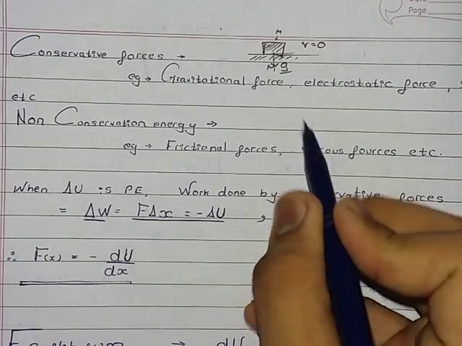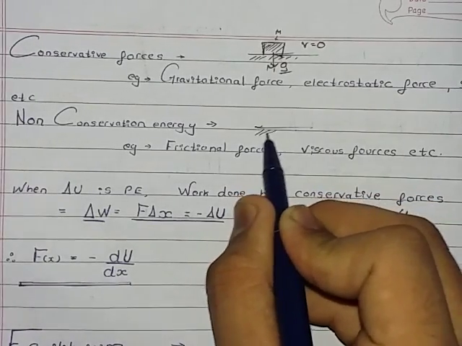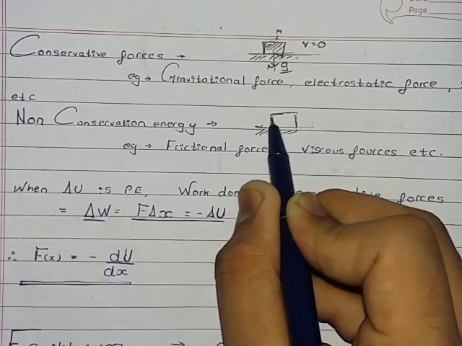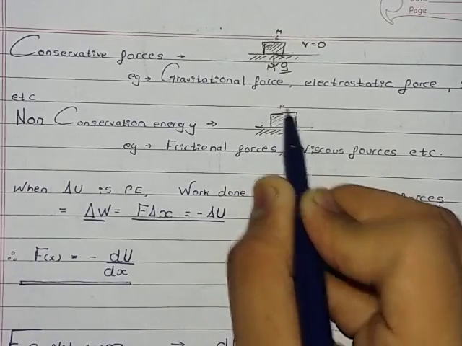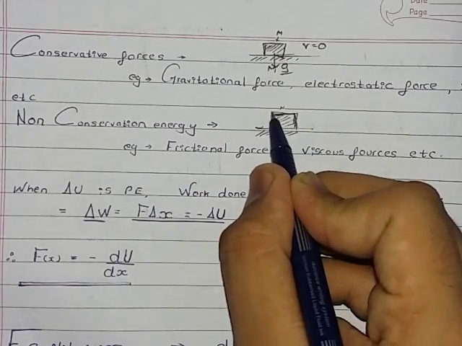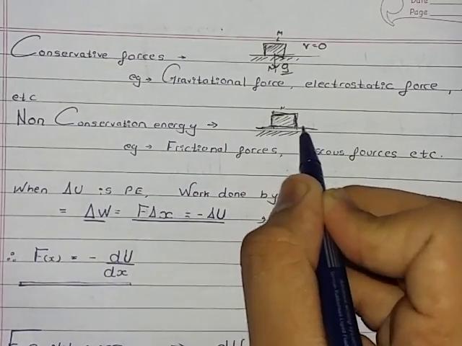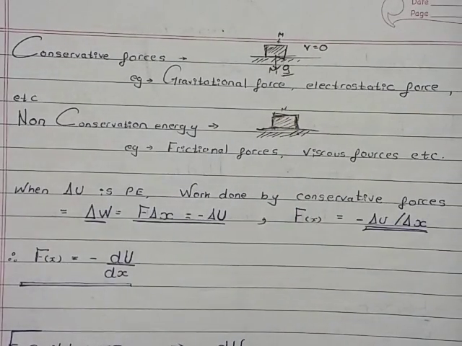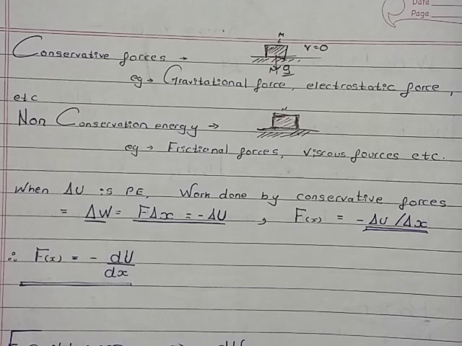Now, let's take a simple block again for explaining non-conservative forces. Now you tell me, guys, you answer me. If this block is at rest, will a friction force act on it?